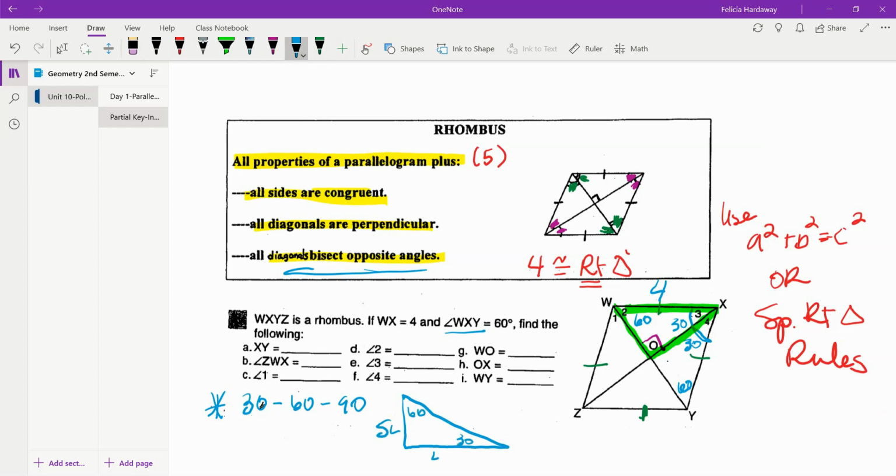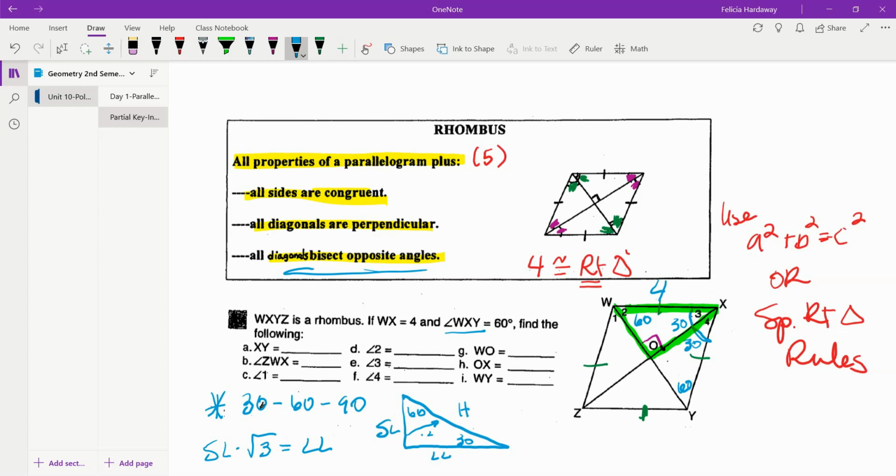You would have a long leg, and you have the hypotenuse. Remember your short leg is your home base, so you always start here. If I'm going from the short leg to the hypotenuse, that's always times 2. And if I'm going from the short leg to the long leg, I multiply it by root 3, and that would give me my long leg.